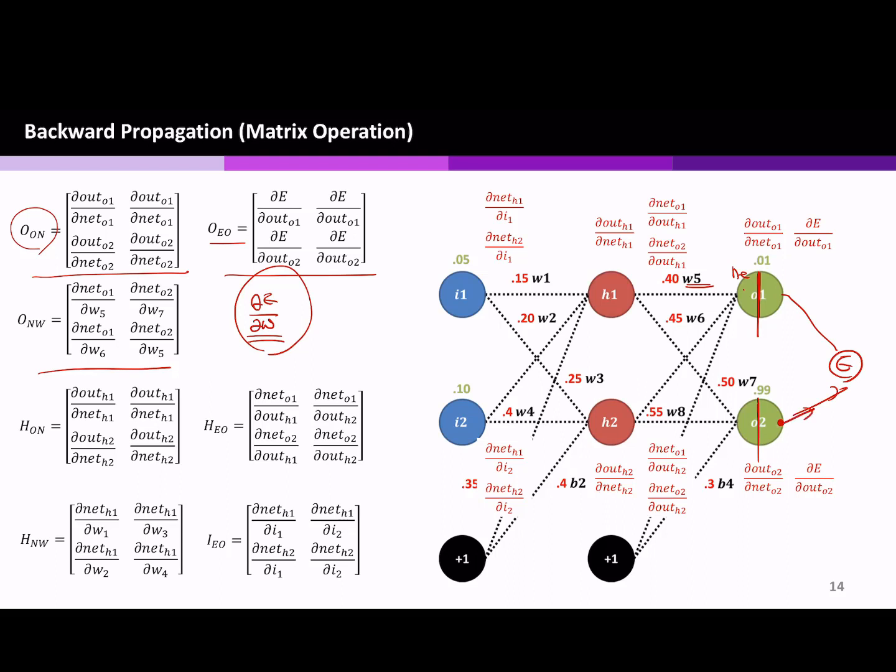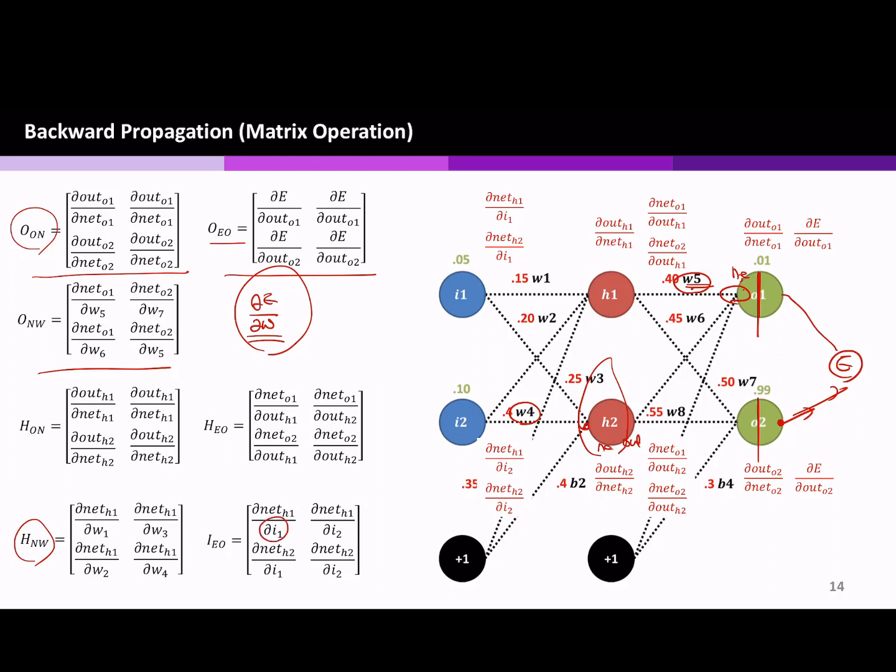So net and W5 is here, W5 and then net. HON is output and net in the hidden node, the node in the hidden layer. And W is net and W. EO is the input node, so net input.